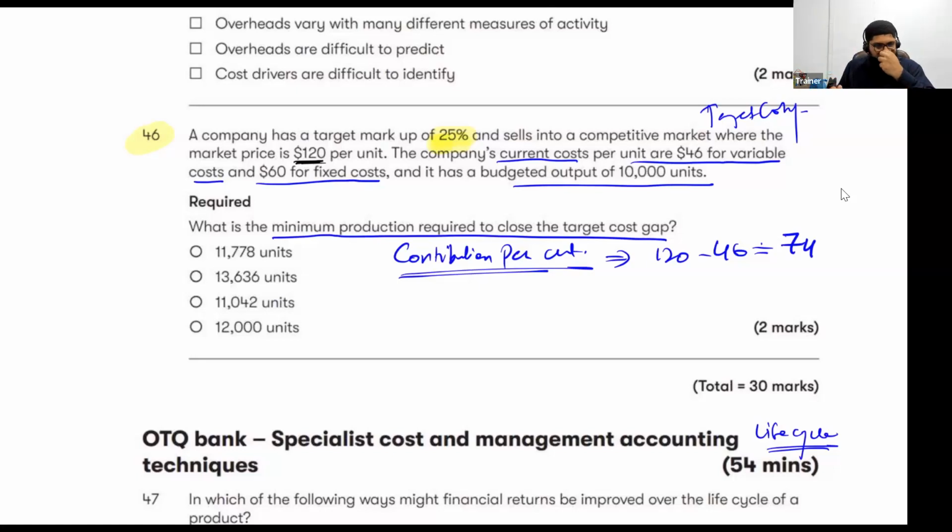Okay, now see, what happens is that you have got a contribution per unit of 74. The company has a target markup of 25%.